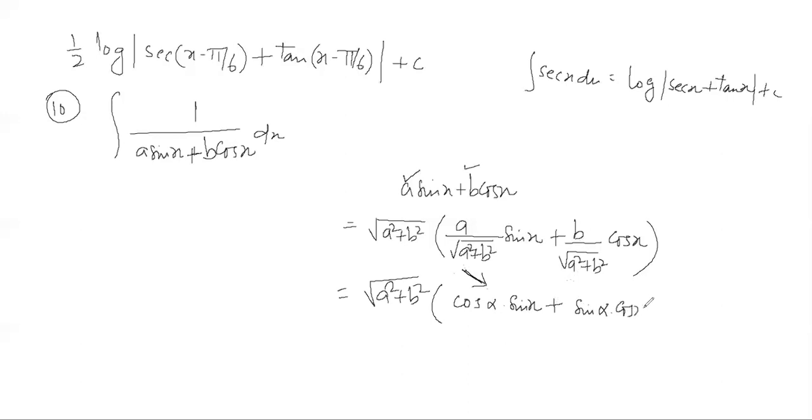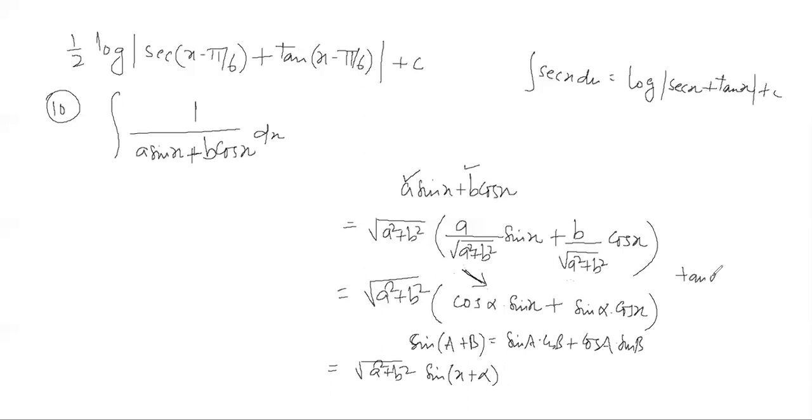Very good. This is the formula of sin of a plus b. Sin of a plus b equals sin a into cos b plus cos a into sin b. So, with root a square plus b square, this would be sin of x plus alpha. Now the next step, the value of alpha.